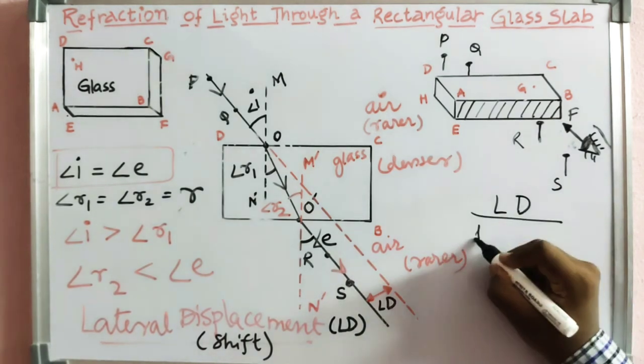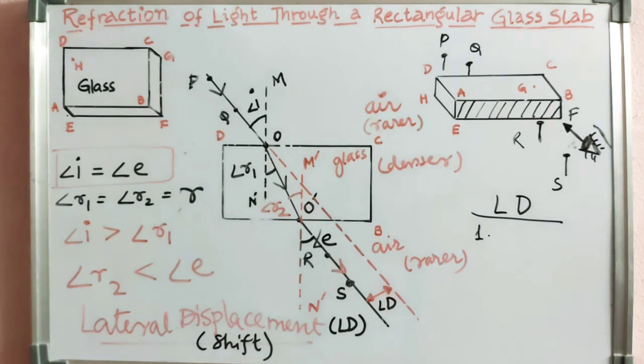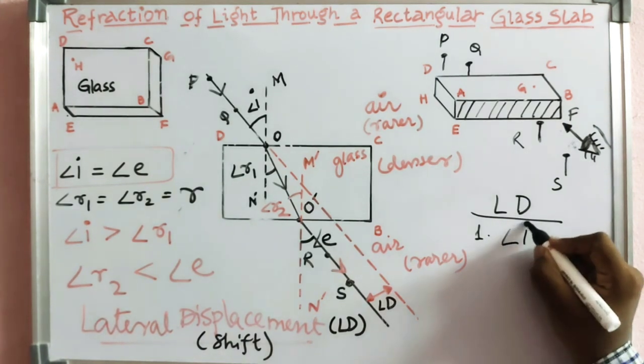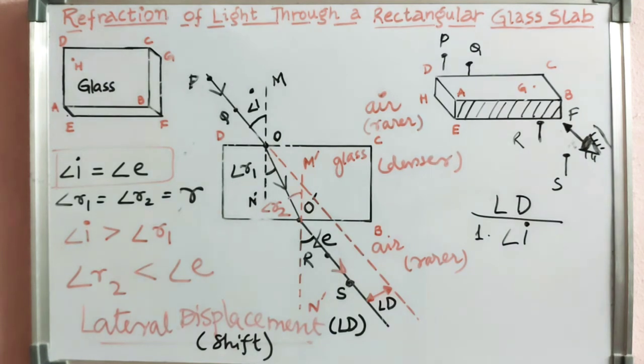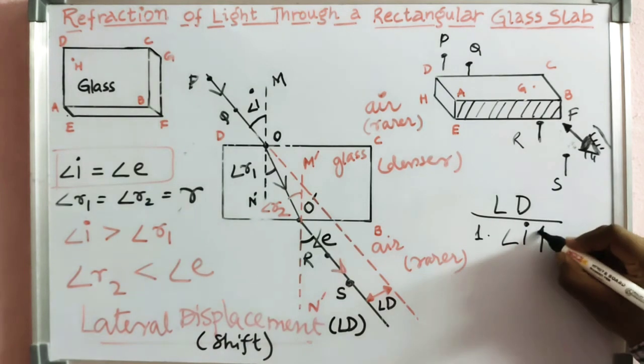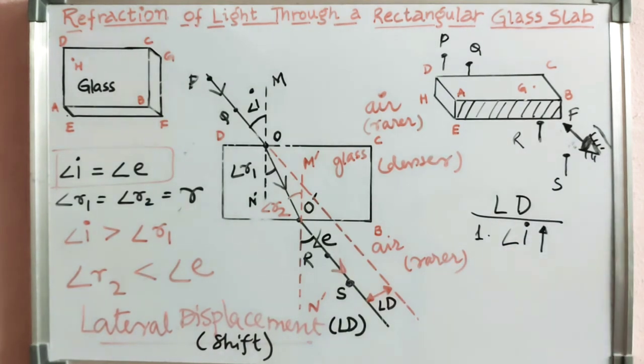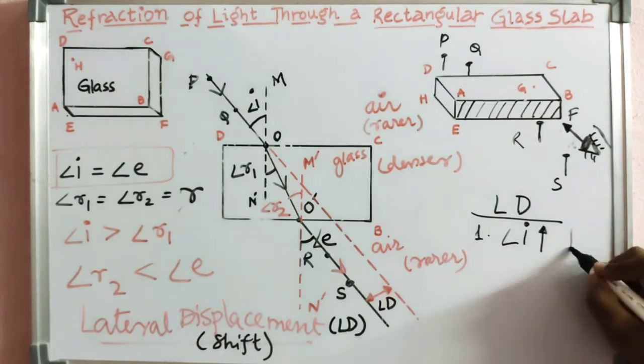First, the lateral displacement depends upon the angle of incidence. The more the angle of incidence, the more the lateral displacement. If the angle of incidence increases, lateral displacement will also increase.